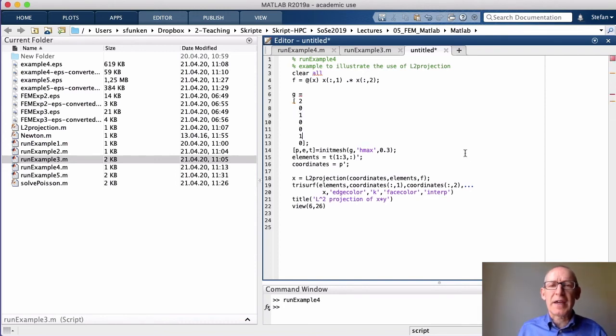So the first segment describing our geometry is a line starting at 0, 0, and we end up at 1, 0, and 1 is the domain on the left and 0 is the domain outside. So the next segment will be 2 starting at 1, 0.